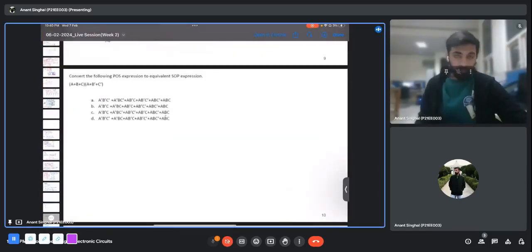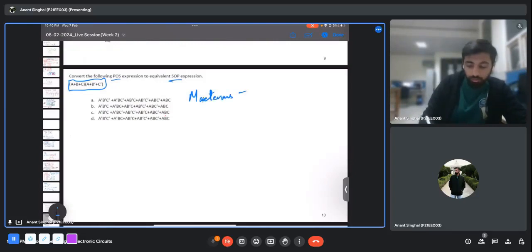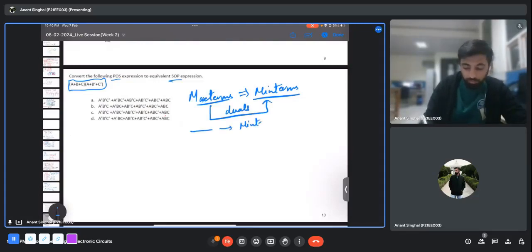We have already covered what SOP and POS forms are in the previous questions. Now there is a particular POS form which we want to convert to an SOP form. We have just got the idea that if we know the maxterms, then we can find the minterms easily, because they are duals basically, so whatever has been left will be the minterms. So using this shortcut, we'll try to do this question since we have a standard form.